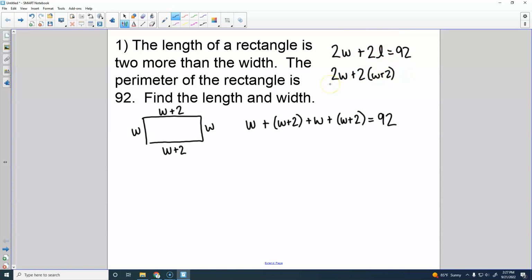But I think this is pretty straightforward where everybody can understand. So we now just have an equation we need to simplify. I've got 1, 2, 3, 4 W's over here. So I got 4W. And then I've got a plus 2 here and a plus 2 here. So if I put those together, it's 4. So 4W plus 4 is 92.